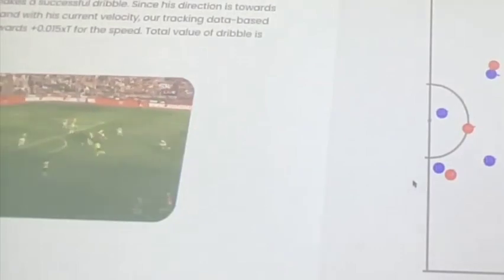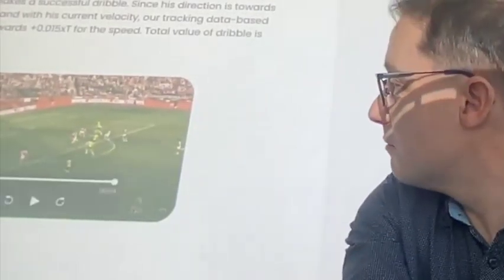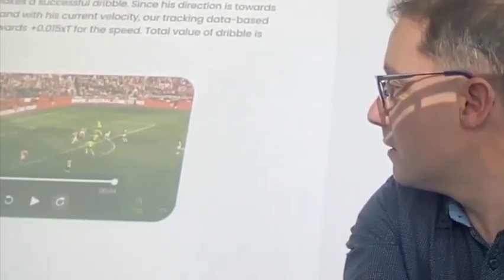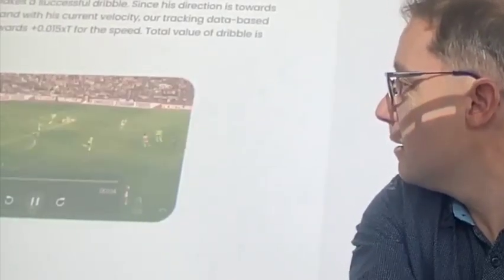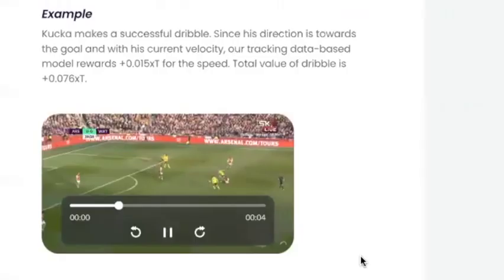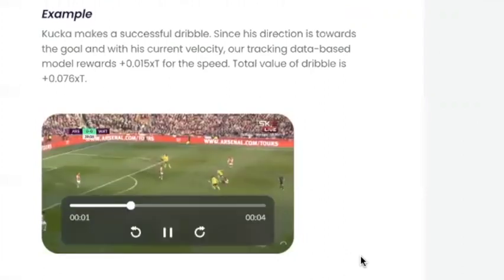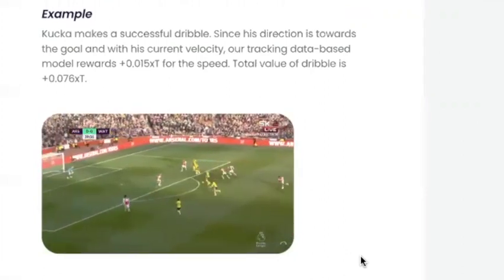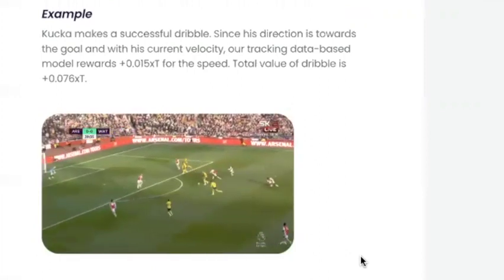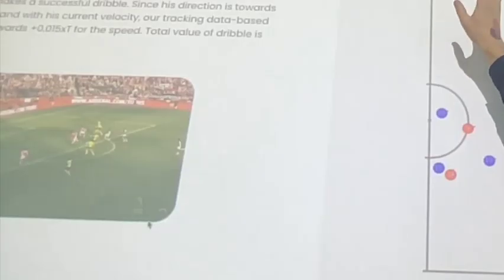Here are two concrete examples of this model in practice. I'll replay that so you can see that one again. Here the dribble is at high speed, and because it is at high speed, the dribble wouldn't be given that many points in a standard model, but we can actually see that it's worth a lot more.